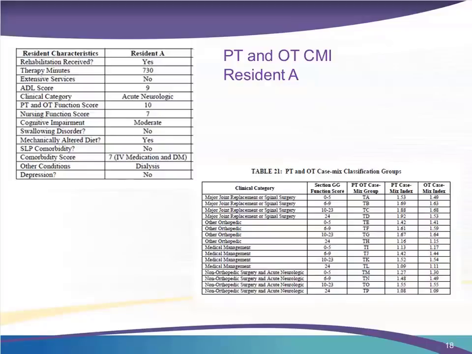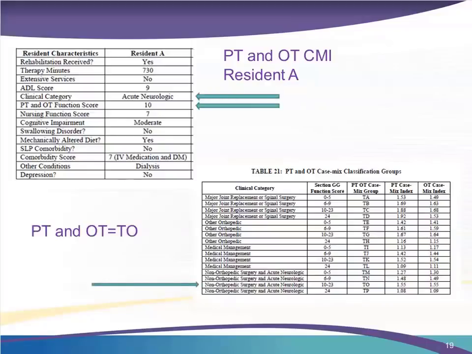So one of the things we want to look at from a PDPM perspective is what clinical category, and they've already given that to us, which made it easy. And we've also got a functional score. So in looking at the chart, you can see what clinical category, and you crosswalk it to the functional score to show what case mix group that patient will fall under, and then the CMI.